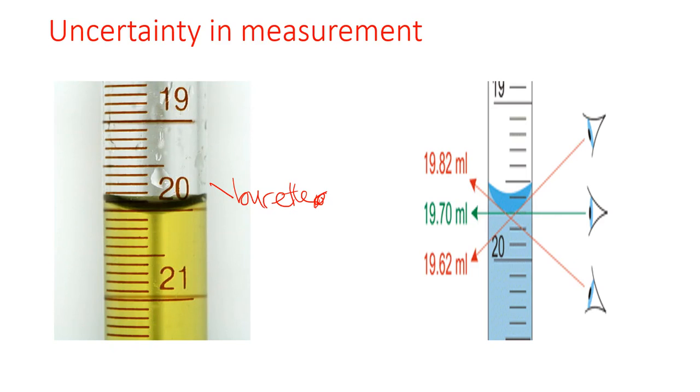Based on the calibration of the burette, I will always want you to give your values to 2 decimal points because of the same issue of uncertainty. So we'll learn more about using burettes in the lab. But we need to take note that I will need 2 decimal points.